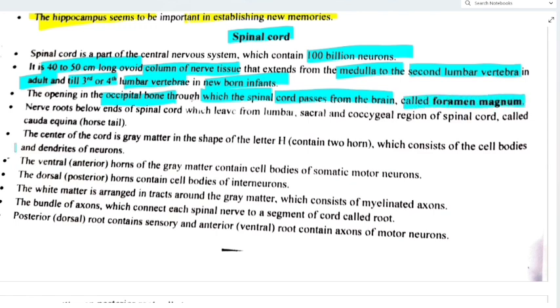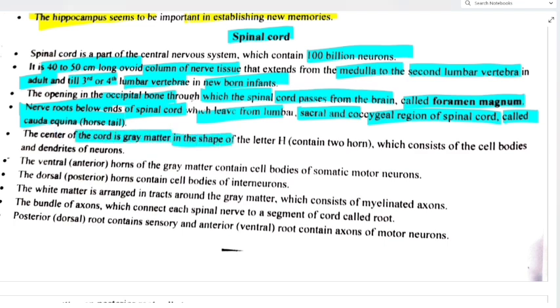Clear? Nerve roots below the end of spinal cord which leave from lumbar, sacral and coccygeal region of spinal cord are called cauda equina, also called horsetail. The center of the cord is grey matter in the shape of letter H. It contains two horns which consist of the cell bodies and dendrites of neurons.